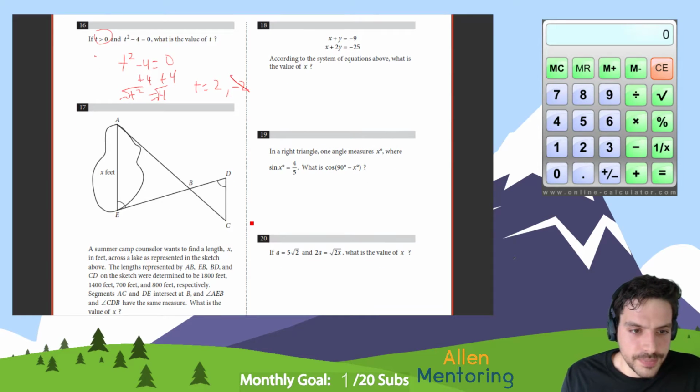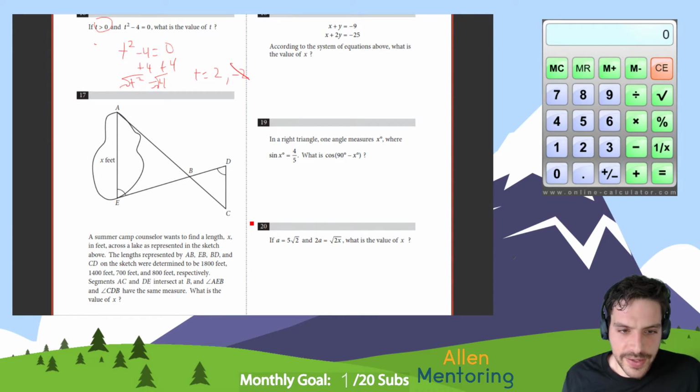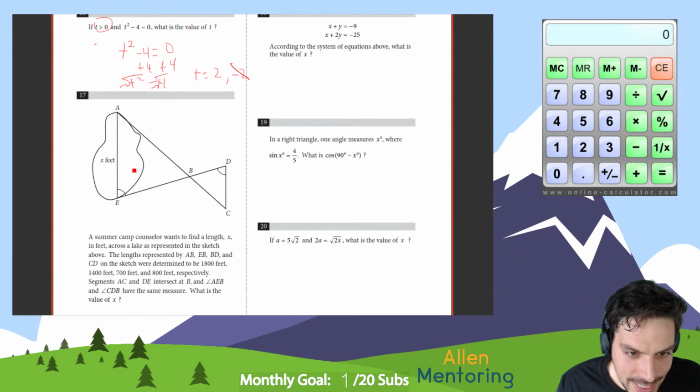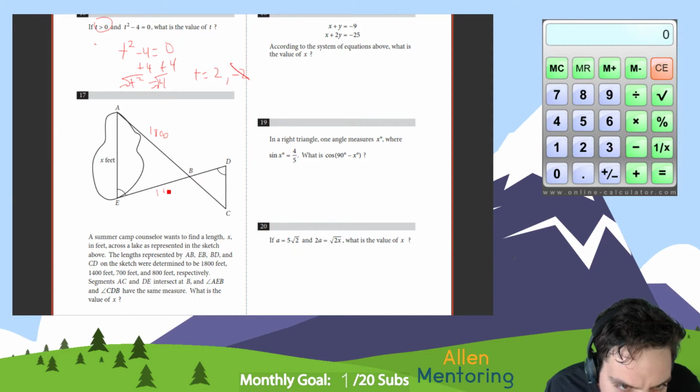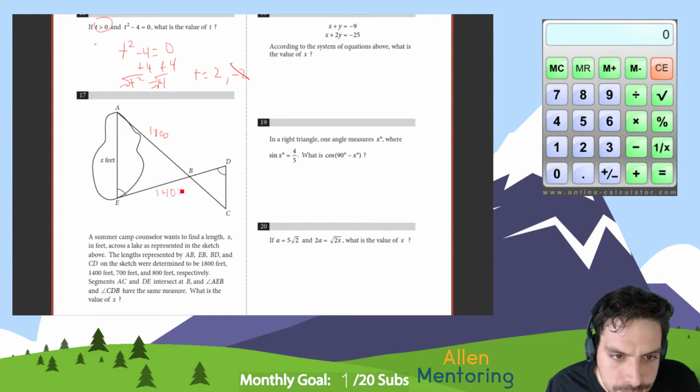Number 17. A summer camp counselor wants to find length x in feet across a lake, as represented in the sketch above. The lengths represented, AB and EB, were determined to be 1,800 feet. Let's try to label these as best we can. AB is 1,800. EB is 1,400.